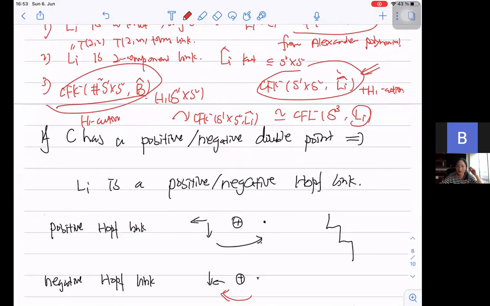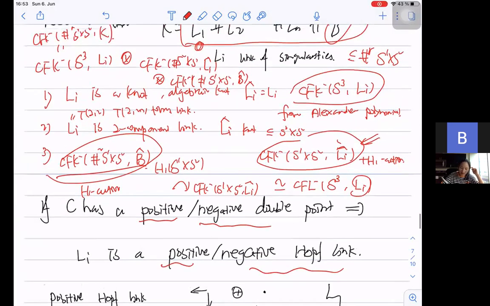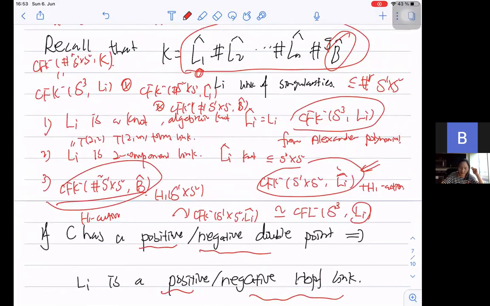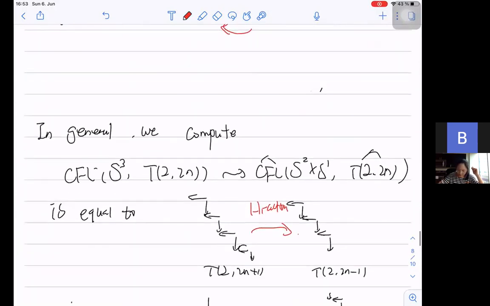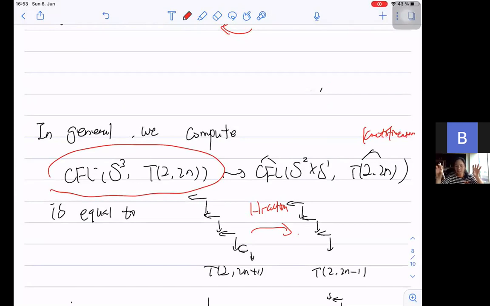How does that relate to our question of double points? If the curve C has positive or negative double points, the link of the singularity at that singular point corresponds to the positive or negative Hopf link. As we said before, we actually compute the whole chain complex for the T(2,2n) torus link very explicitly. We find that this chain complex of T(2,2n) in S^3, or the knot for this link inside S^1 × S^2, is written as the direct sum of two subcomplexes.